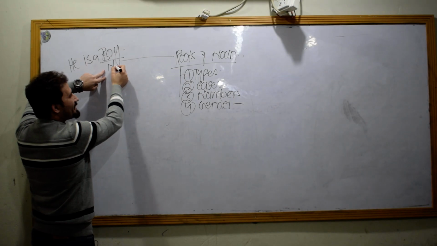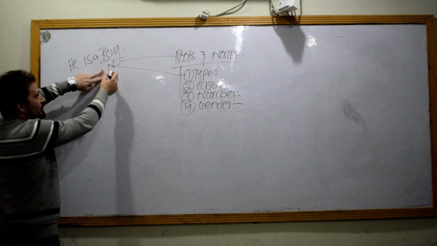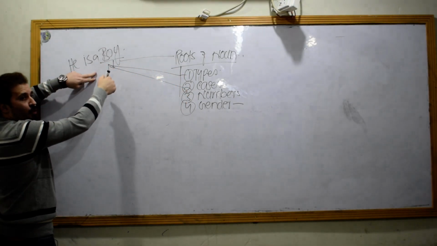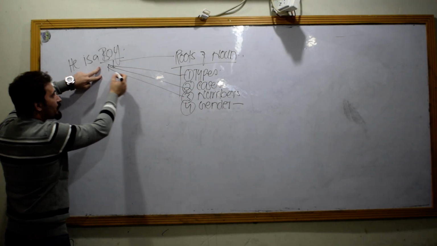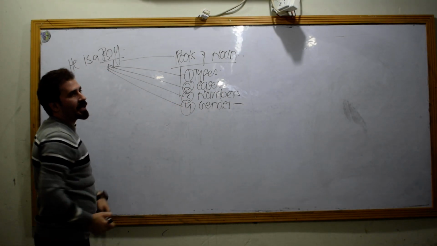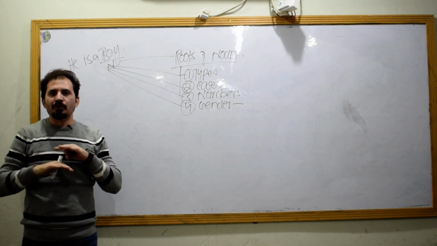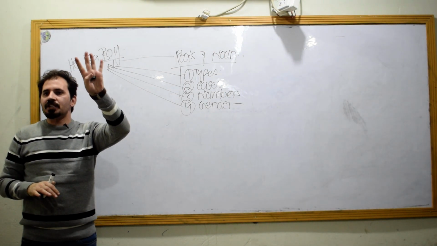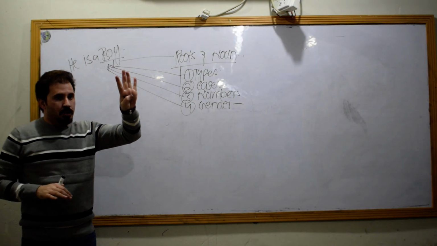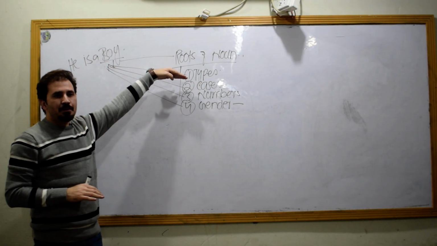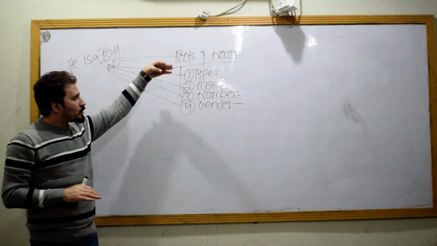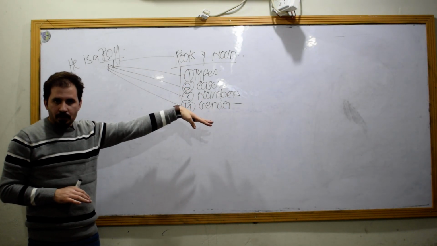First of all, what type of noun is boy? What case of noun is it? What number of noun is this? Or what gender of noun is it? So to understand a noun more perfectly, there are 4 things that you should know about it. First we'll talk about types of nouns, then cases of noun, number of noun, and gender of noun.